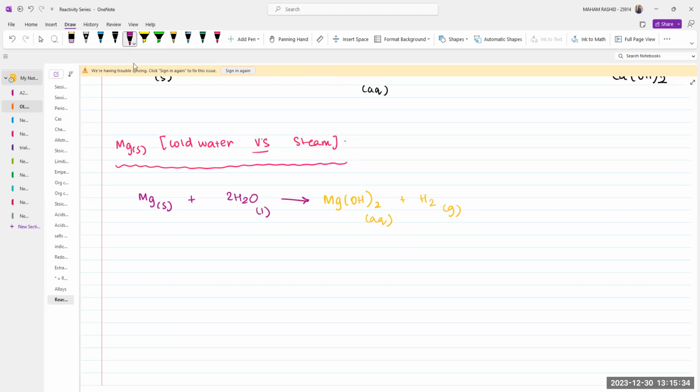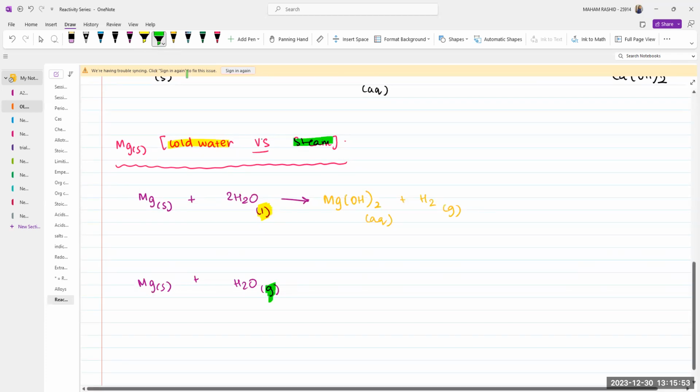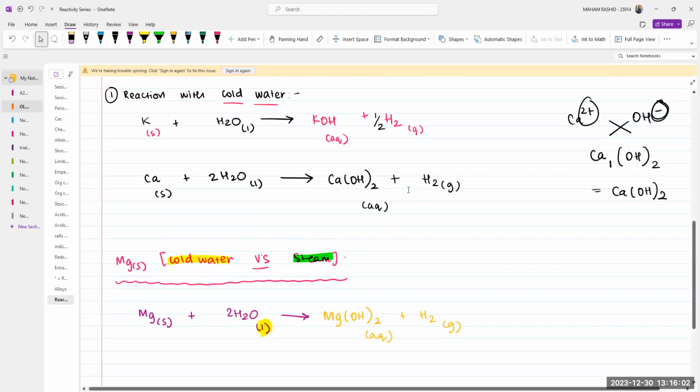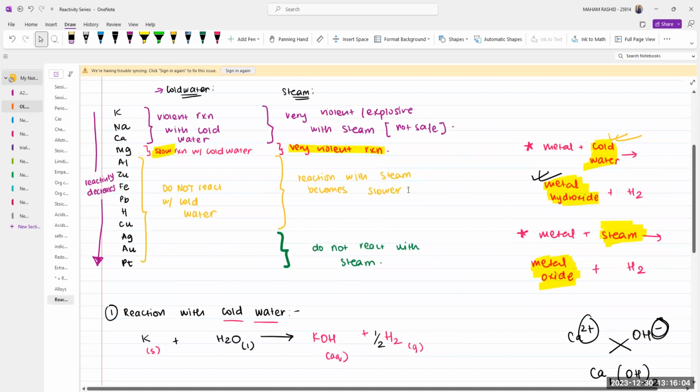Now let's write the equation for magnesium reacting with steam. So this will be magnesium plus H2O. This is liquid, meaning cold water. This is gas, meaning steam, right? This reaction is going to give me what?